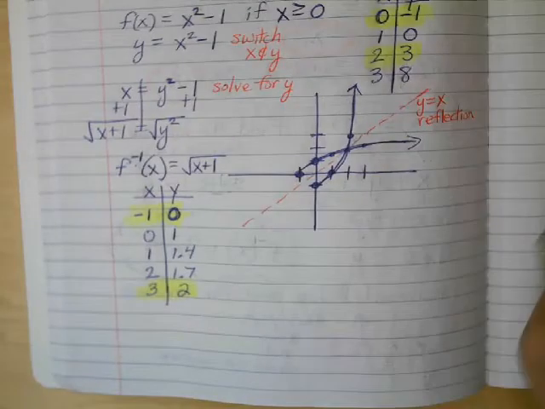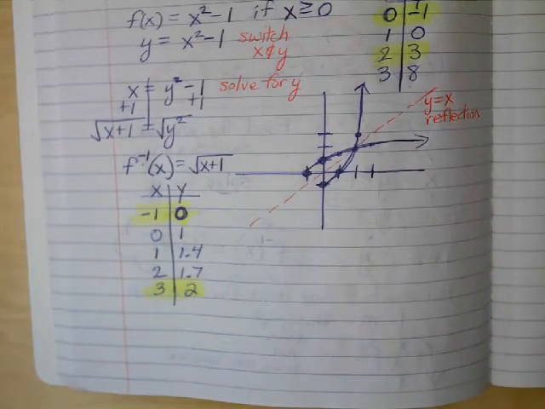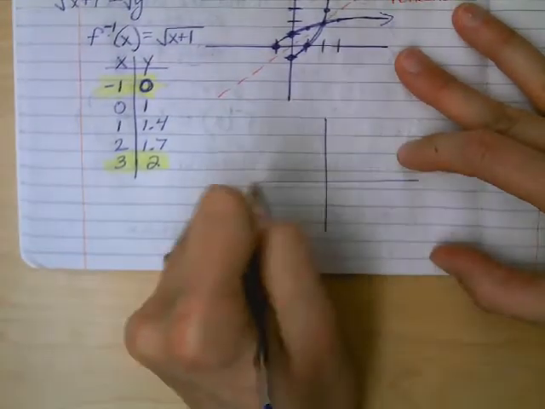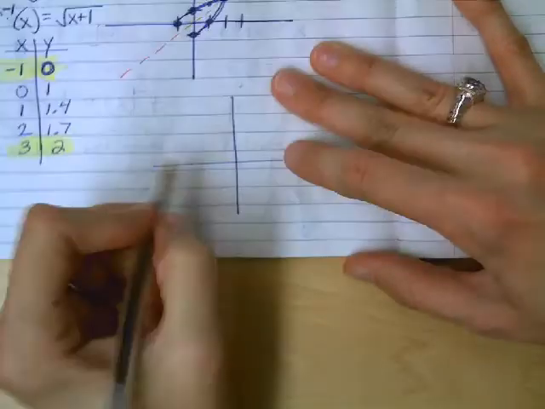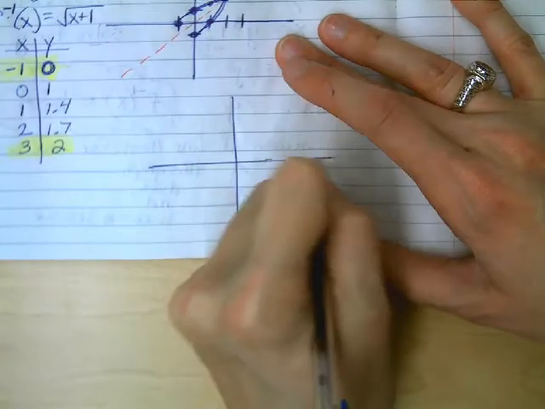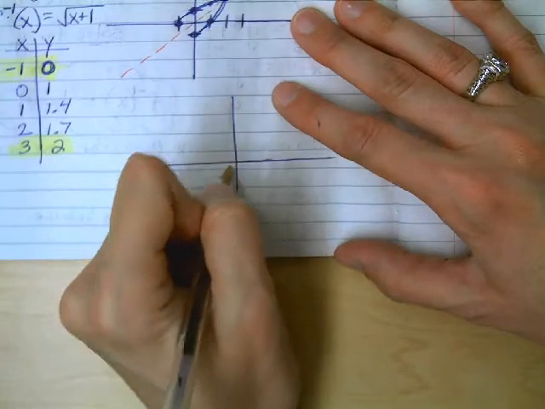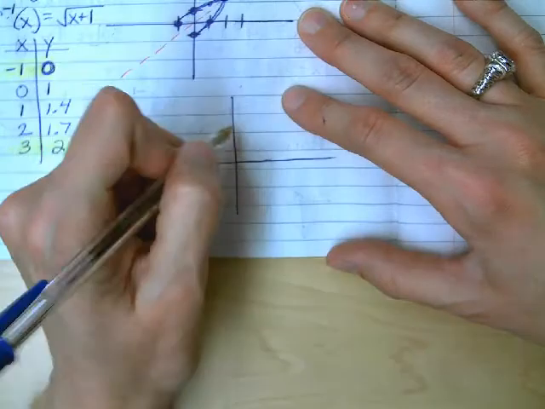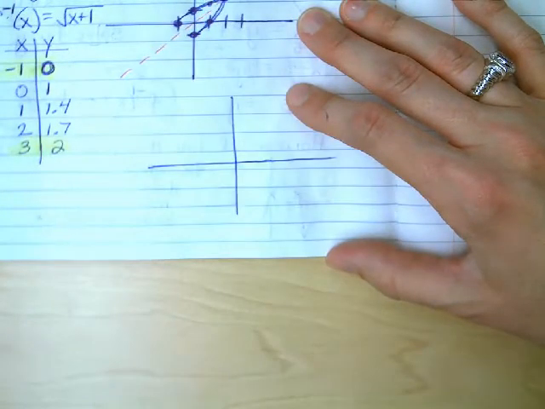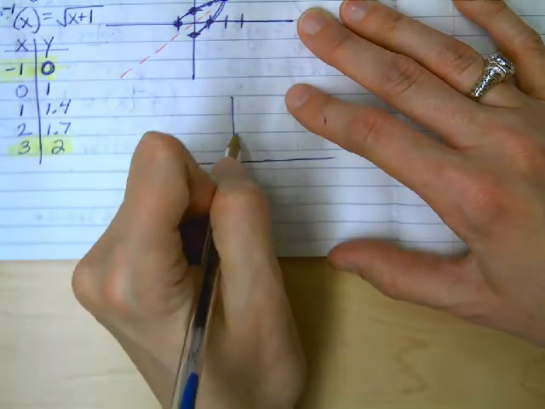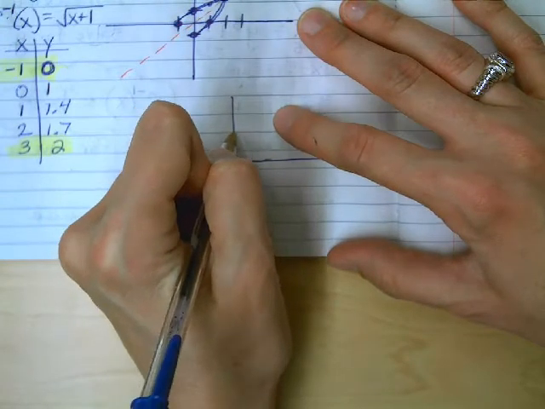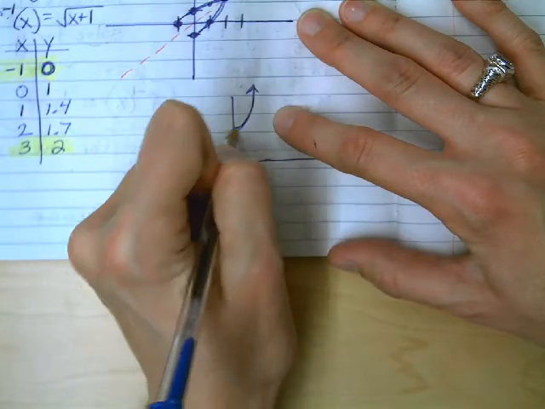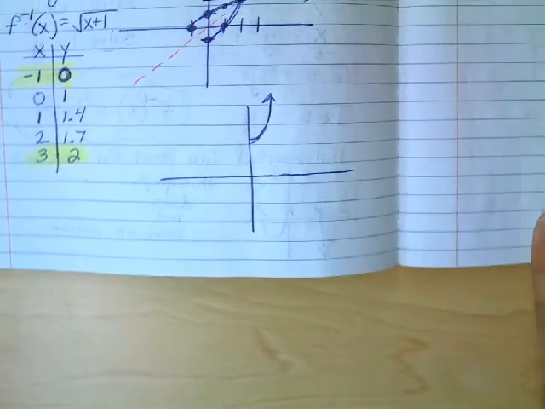Pretty quickly, I could draw some kind of shape and you could flip it over that line. If I come down here on my notes and draw another picture, let's say I drew something like this up here, then I could find the inverse. It would just take a second.